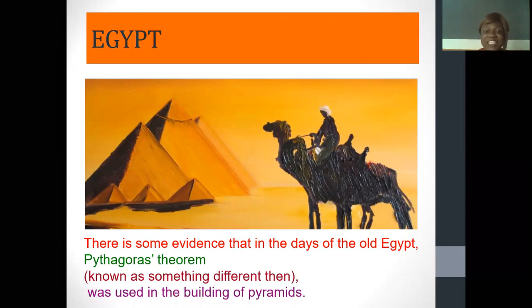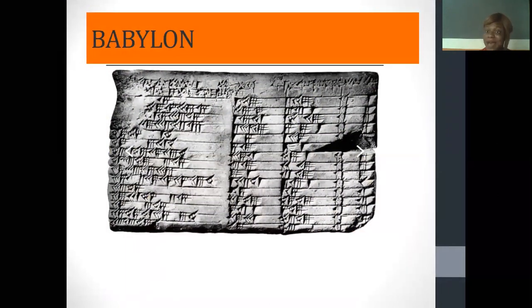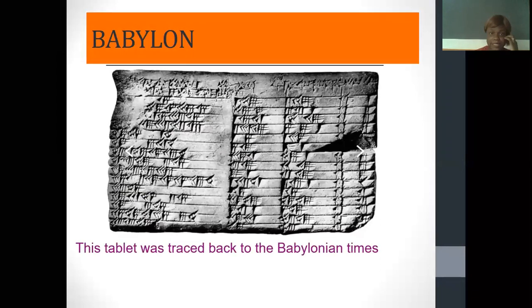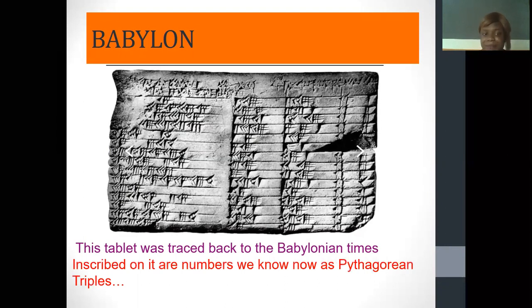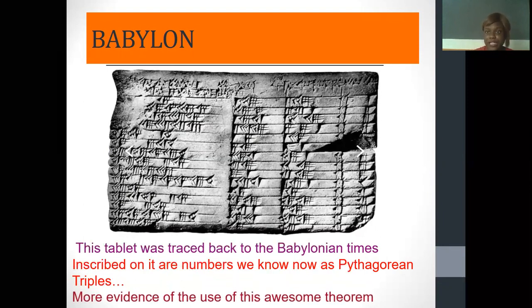It had not been named then, but it was applied unknowingly. Also, a tablet was traced back to Babylonian times, and if you look at the inscriptions, they are Pythagorean triples, even though at that time we didn't necessarily call them that. So that is another evidence to this awesome theorem.